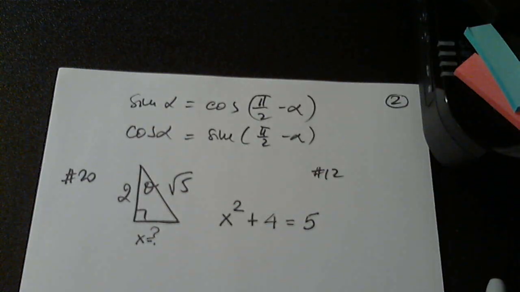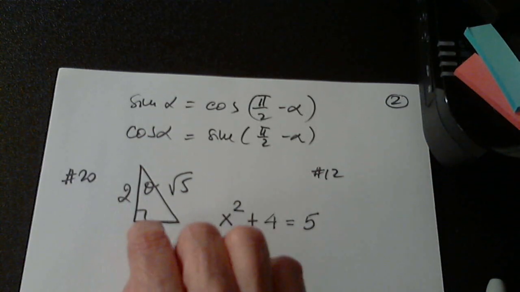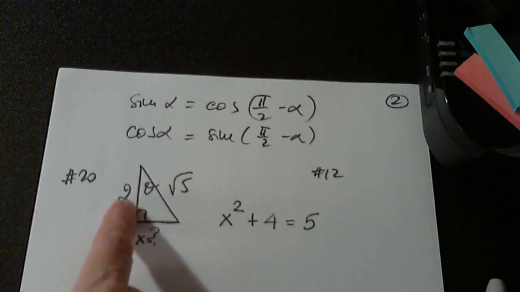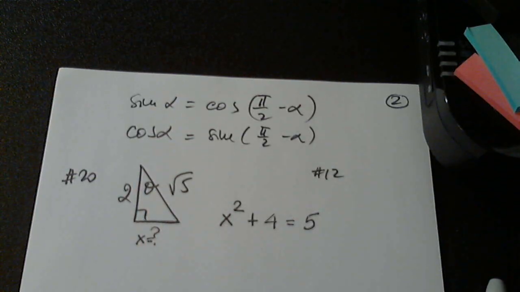Saying a squared plus b squared equals c squared means nothing. Why? Because you have to tell me what is a, what is b, what is c. You have to say, well, c is the longer side, but it's much better and easier to say a leg squared plus the other leg squared equals the hypotenuse squared.